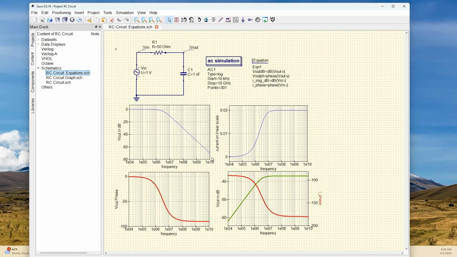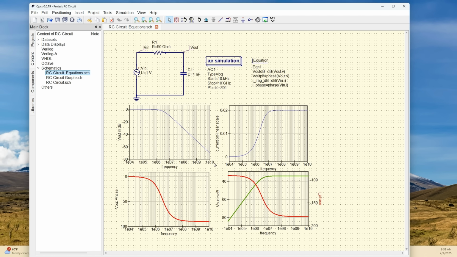When I was talking to you in Mathcad about the capacitor and how, as we approached 1 gigahertz, this XC approached 0, making this a low pass filter. When you look at this graph, you can see that we have 0 dB attenuation up to around 1 megahertz.